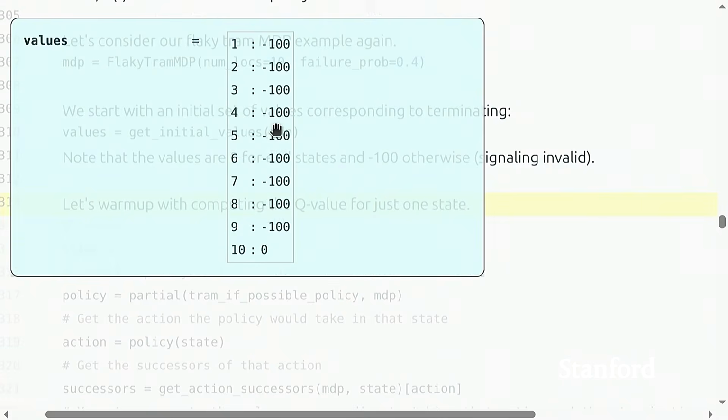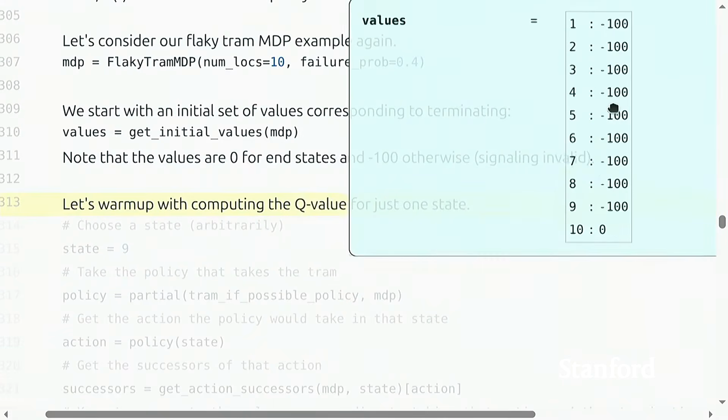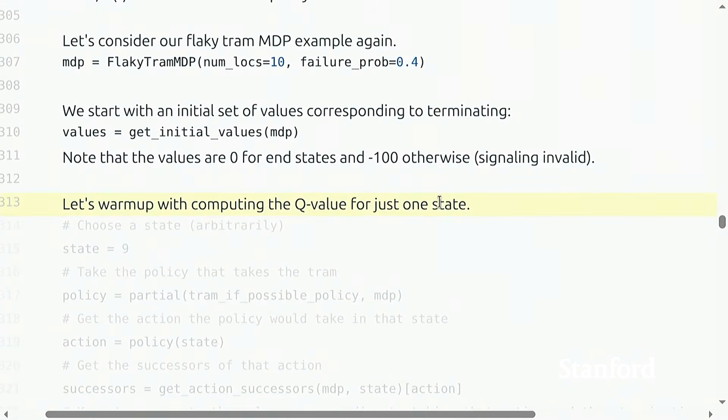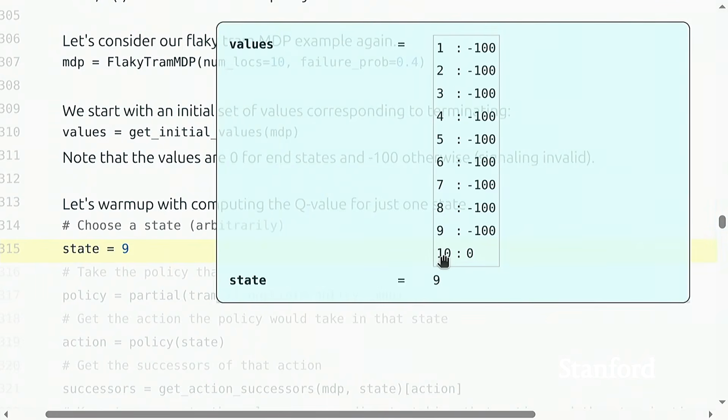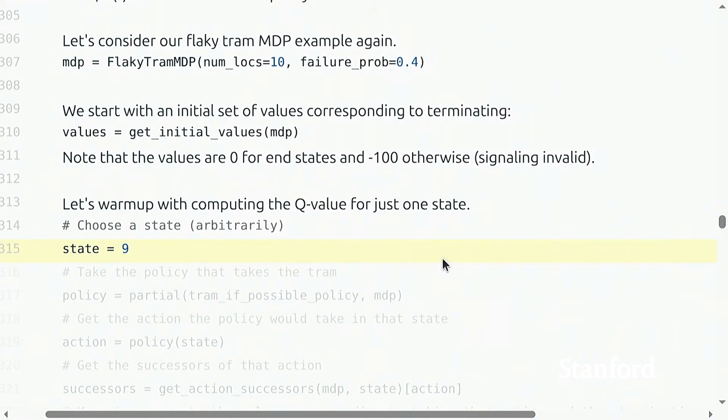So let's warm up with computing the Q value just for one state. Let's choose state 9. State 9 is right before the end state, and let's consider the policy of always taking the tram if possible.